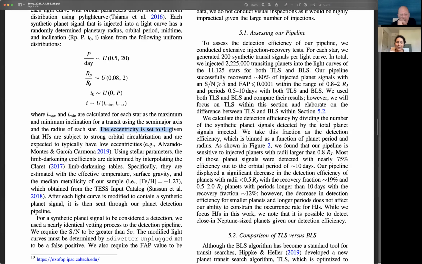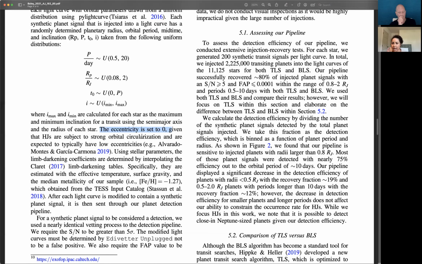And so basically what we did is we did everything that we would do for the real data in order to determine what our detection efficiency is.